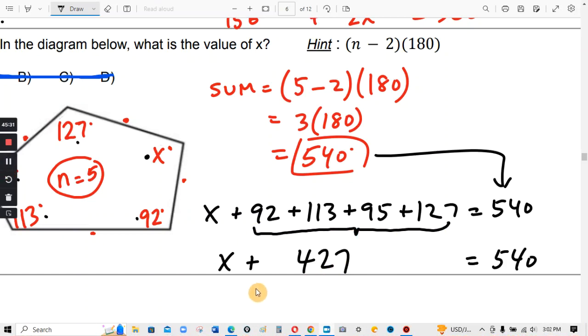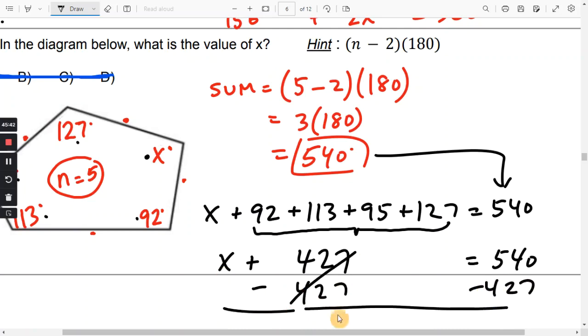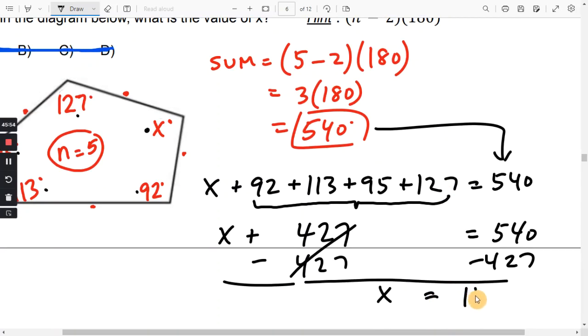The opposite of plus 427 is minus 427. It cancels there, and you want to bring down the x. 540 minus 427 is 113. So that is the final answer for x, 113.